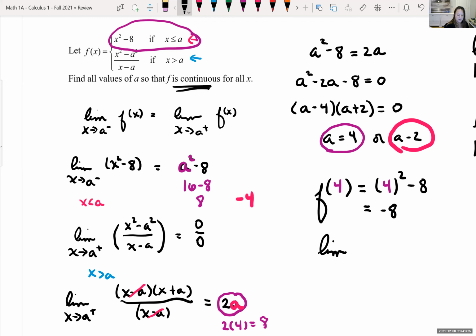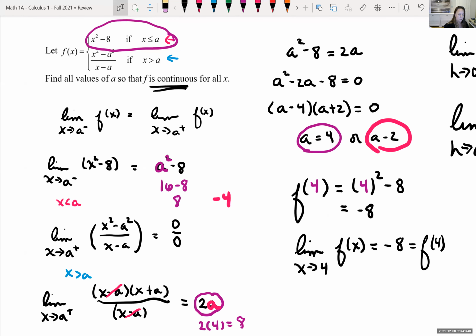Okay, so the limit as x approaches 4 of f of x is equal to -8, which is equal to f of 4. So that's what needed to hold in order to be continuous at that value.